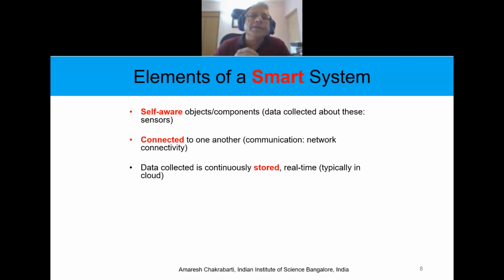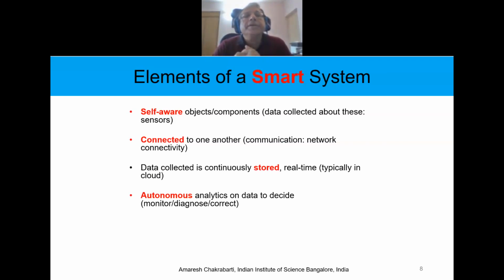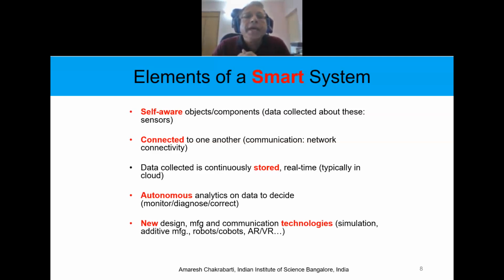This data is continuously stored in real time, typically in cloud, and autonomous analytics can be done on it in order to decide, to monitor, to diagnose, and to correct. In addition to that, there are also new design, manufacturing, and communication technologies that are coming, some for simulation, some for additive manufacturing, more increasingly hybrid manufacturing, robots, collaborative robots, and so on.